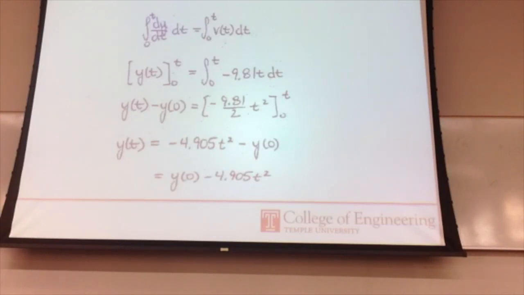That just drops out. Move this initial value of position to the right-hand side so that the position at any time is equal to the initial position minus 4.905 times t squared. If your initial position is 0, then that drops out. If it's not 0, you can't drop that out. You need to keep it. And in this case, I think the initial position was given as 1.